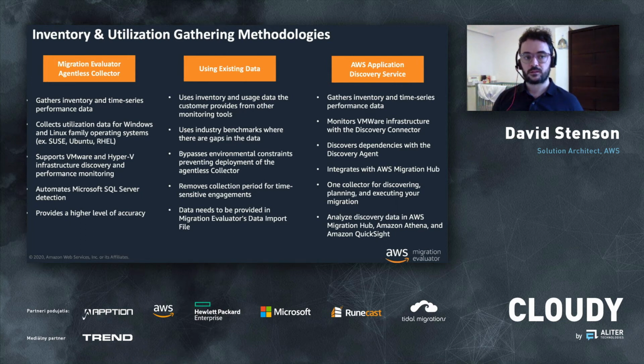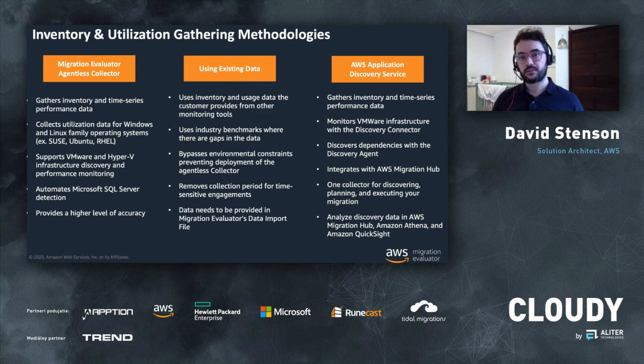This is where the Agentless Collector software is installed onto a virtual machine in your customer's environment, and data providers are then configured. The supported ones being VMware, Hyper-V, and bare metal machines. And over a recommended 10-day period, time series telemetry data is captured.